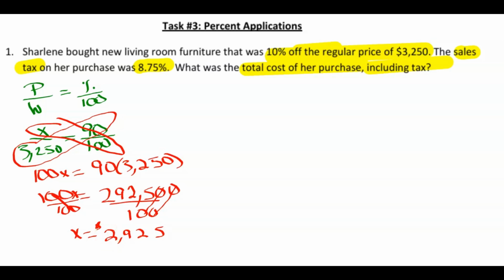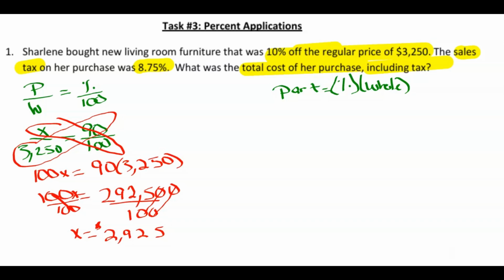So this is the part where I'm going to have some fun and utilize our percent equation. I'm going to start by first writing down the percent equation for the next part of the question. Keep in mind, to conclude the question, I want to use 8.75% sales tax. Think about what sales tax does to the price that we're looking at. We have $2,925.